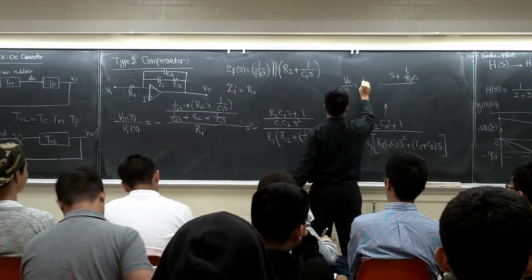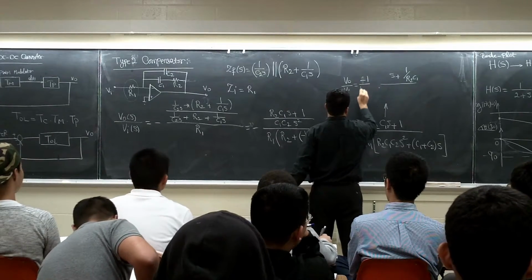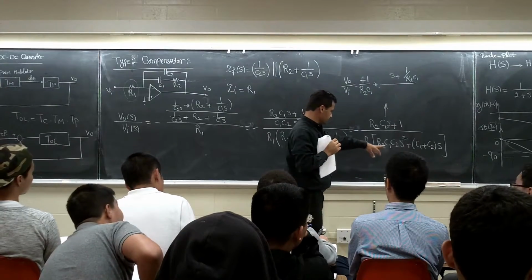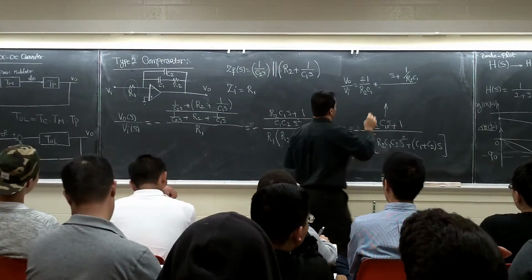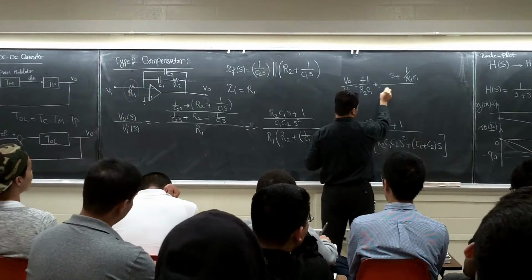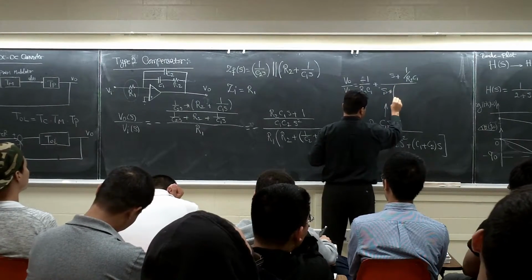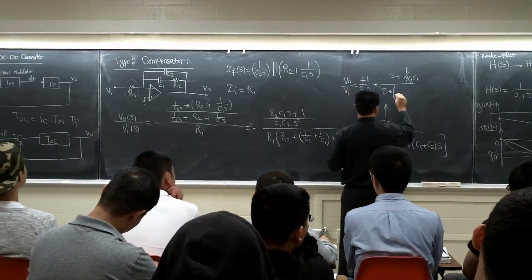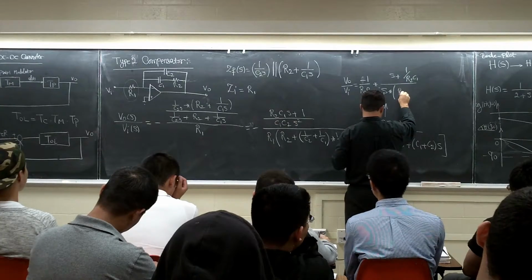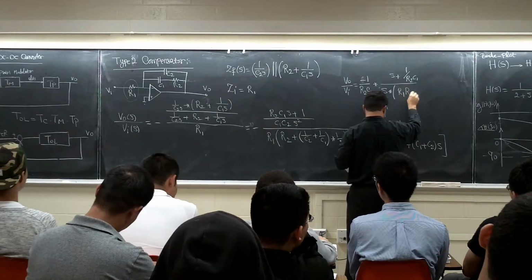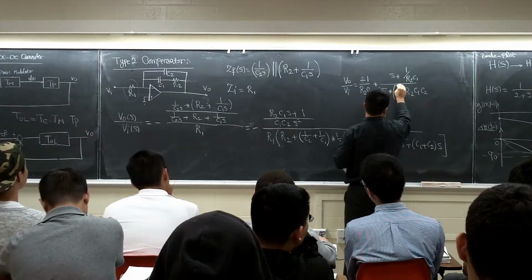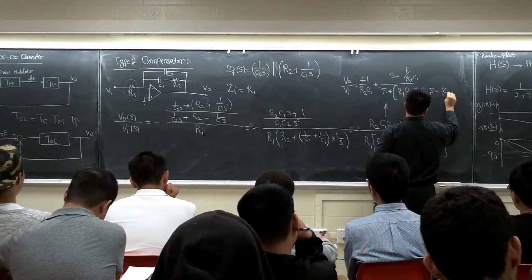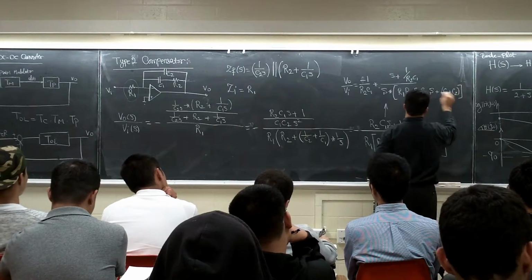So it's going to be 1 over minus 1 over R2 C1 times... Here, I'm going to have S times, I'm factoring S, it's going to be R1 R2 C1 C2 S plus C1 plus C2.